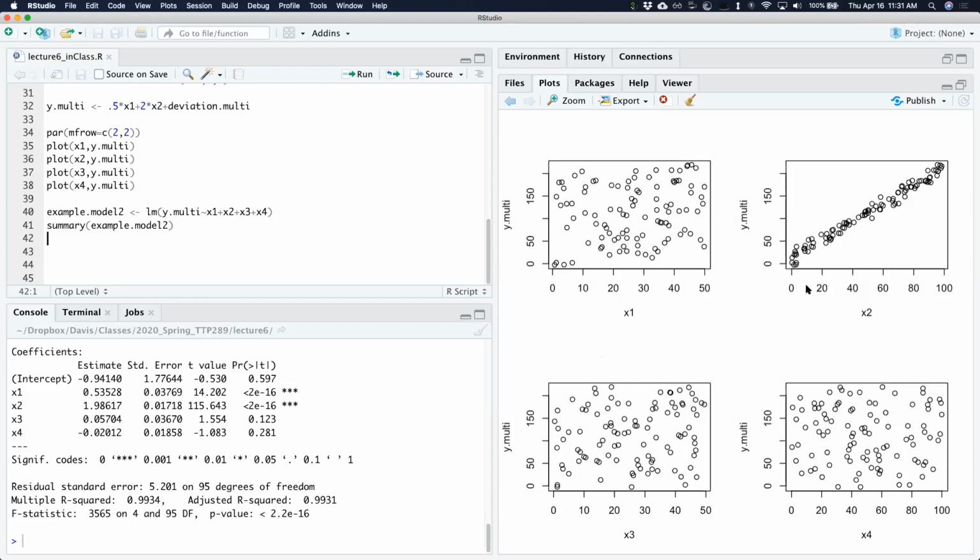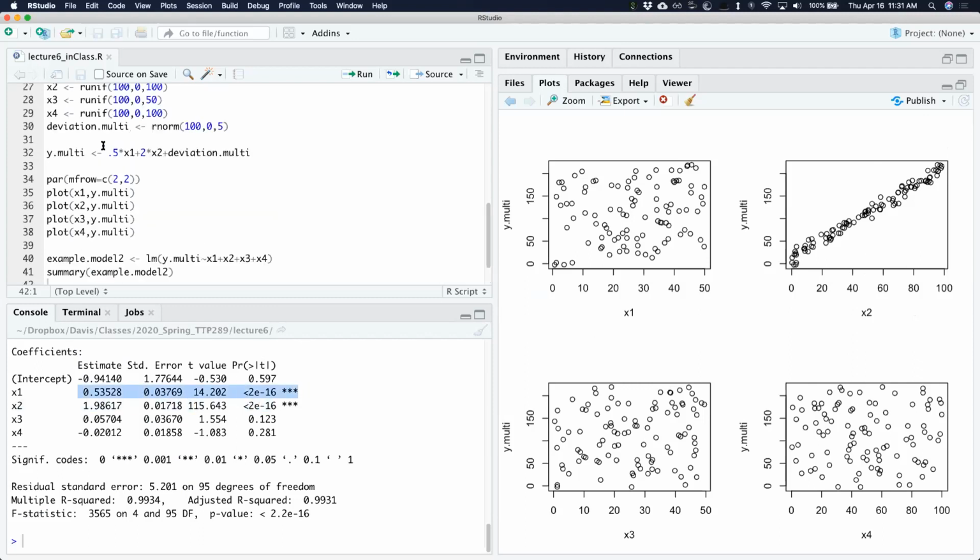This is a first step at identifying variables that you think are important, but it should not be the thing that excludes variables, because you can have relationships that you don't see visually. Exactly, and in this case, had I only included x2 because I looked at this and said it looks like the only thing that has a relationship, I'd be missing out on a real effect, and it's an effect that we know is real.